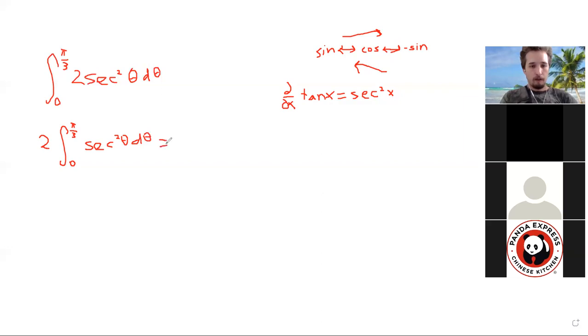And as Javi pointed out, the integral of secant squared is tangent. And we have to evaluate this from 0 to pi over 3.